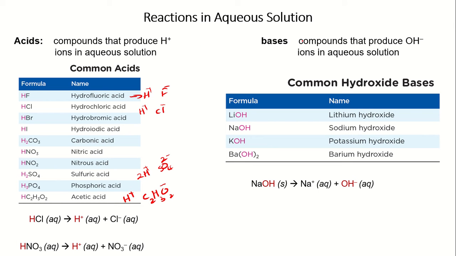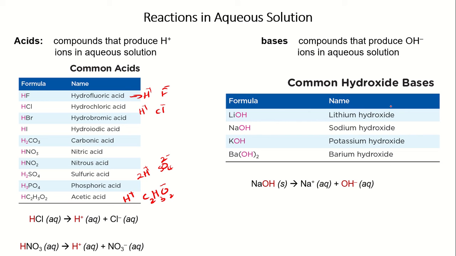And then bases are compounds that can generally give OH minus. See a list of common hydroxides or bases you can use. So that means if you write a formula as a hydroxide, anything ending with hydroxide can act as a base. Now you know hydroxide is a polyatomic ion, an oxyanion.